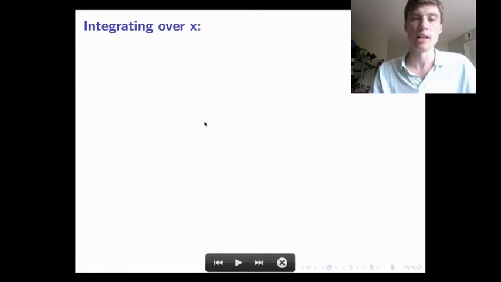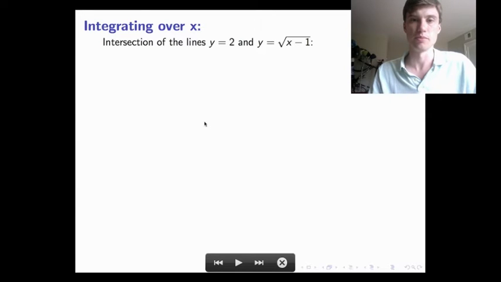Now, if we're going to integrate with respect to x, we need to find the interval of integration. That we can do by equating our equations. So we want to find the intersection of the lines y equals 2 and y equals the square root of x minus 1.